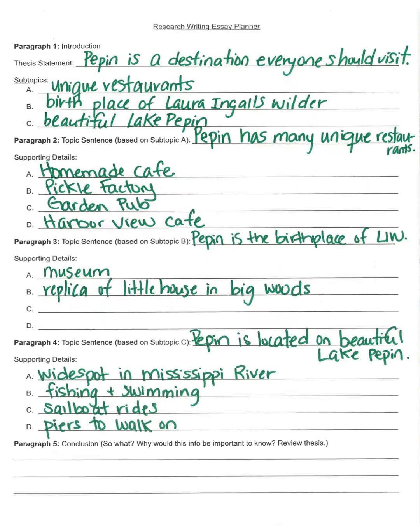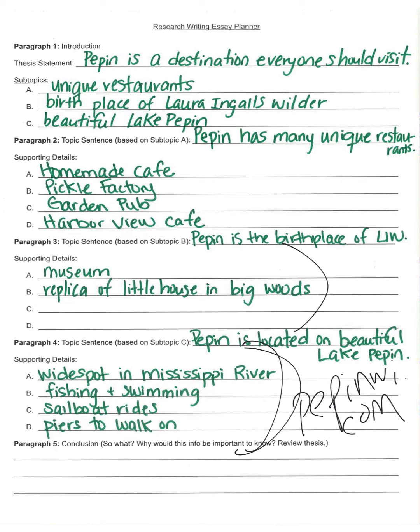So for example, maybe all of this I found on pepinwisconsin.com, and all of this is on there. Maybe for this one, I found this on the museum website, and all of that is the same. That's okay.